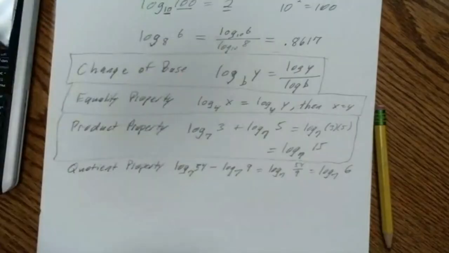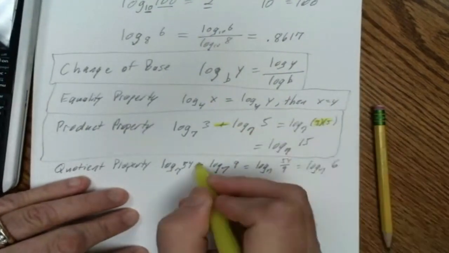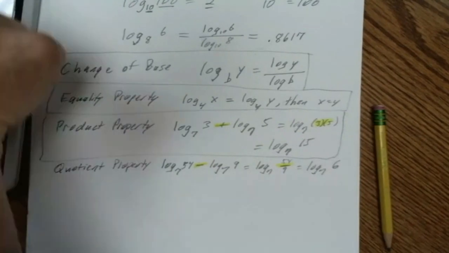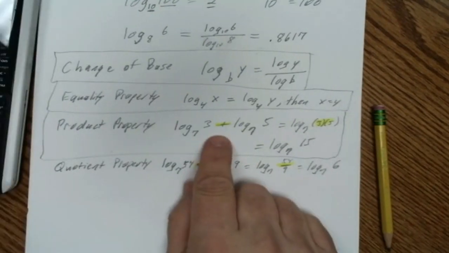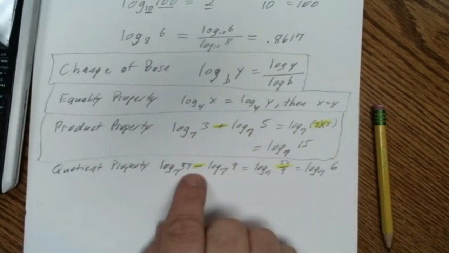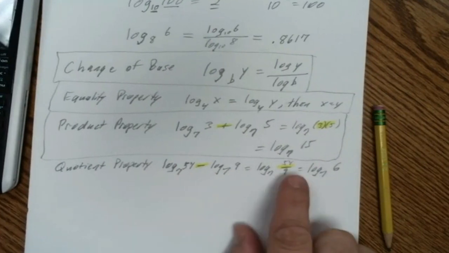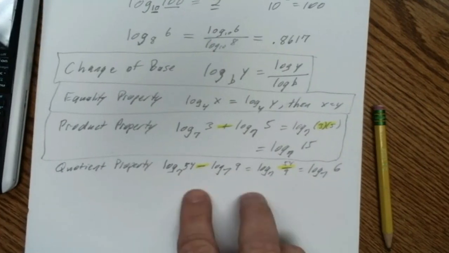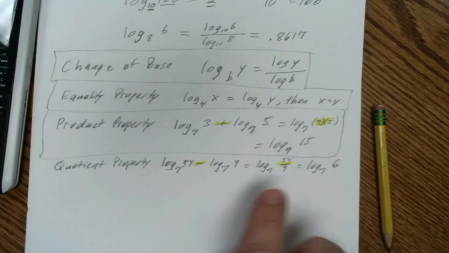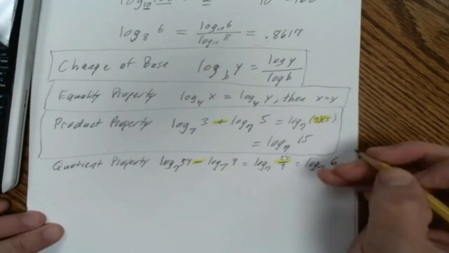So notice when we add, then we multiply. If these are subtracting, then we divide. So if we're adding two logs that have the same base, we can multiply the arguments. When we're subtracting two logarithms that have the same base, we can divide the arguments. So 54 divided by 9 is 6. So it's log base 7 of 6. It's the same thing as doing this equation right there.